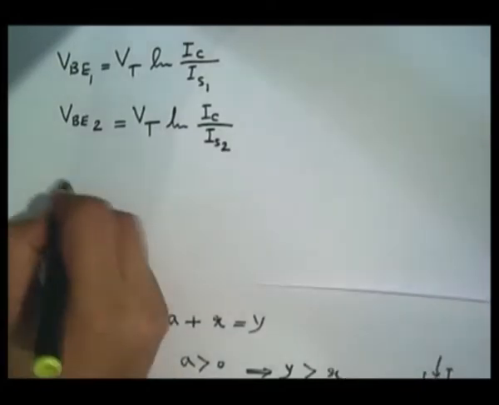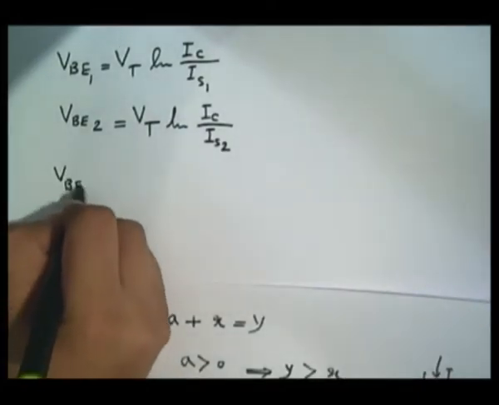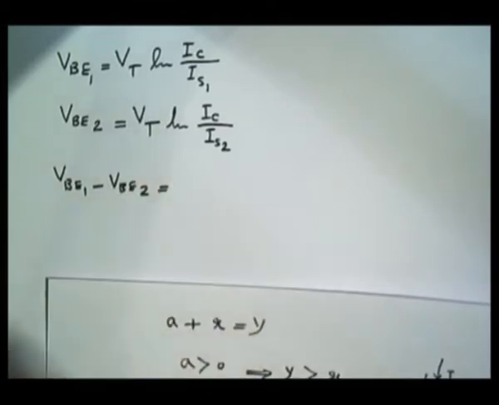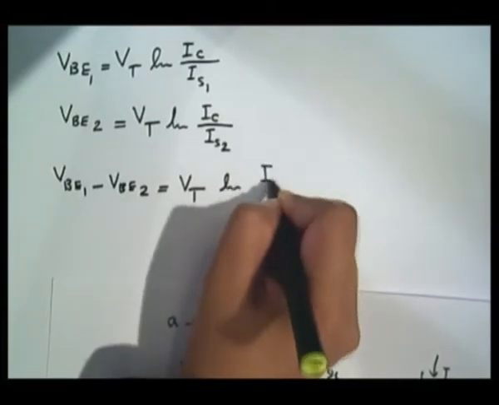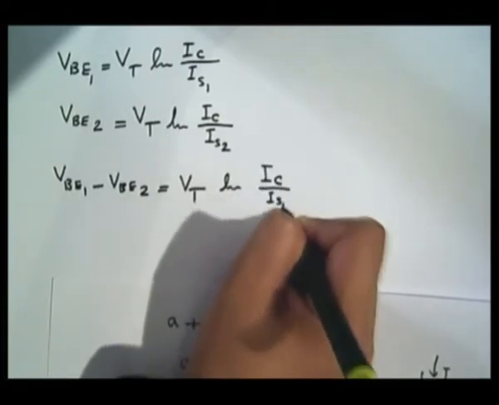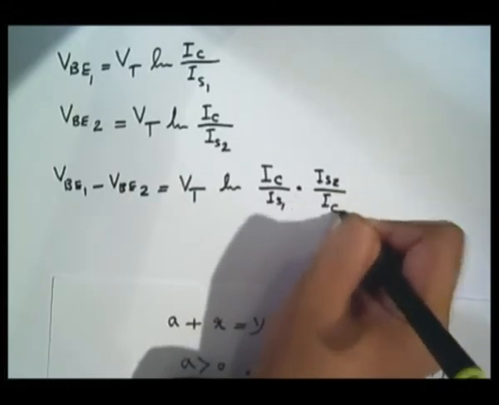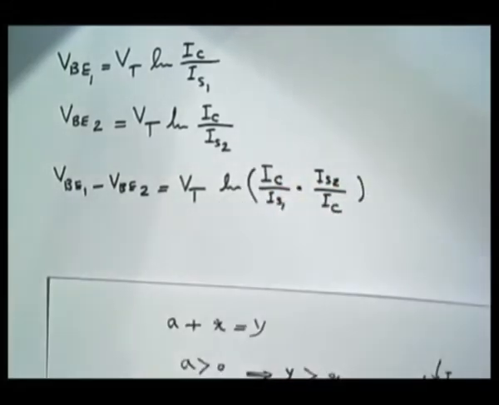Now, if I can generate VBE1 minus VBE2 somehow, suppose, then this will be Vt ln IC upon Is1 into Is2 upon Ic, right?